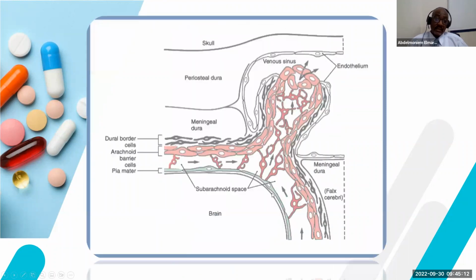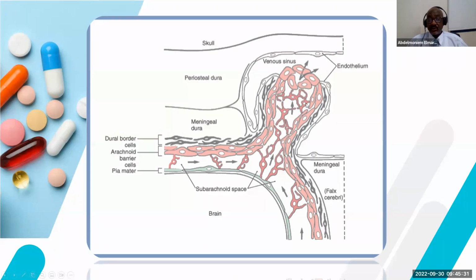This is another illustration, a side view. You can see these are the arachnoid cells, and these are the epithelial cells of the venous sinus. And there is an opening there through which the CSF passes through.